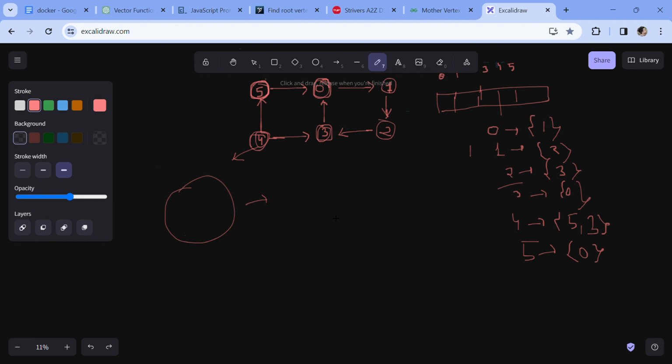So I will iterate from 0 to the number of vertices. First I will make a DFS call from node 0.